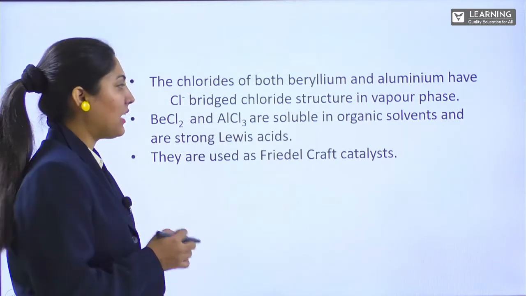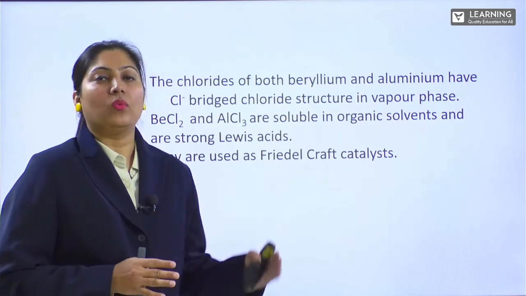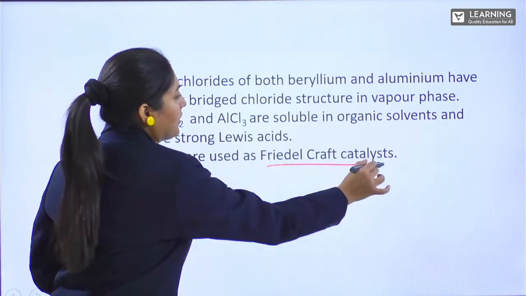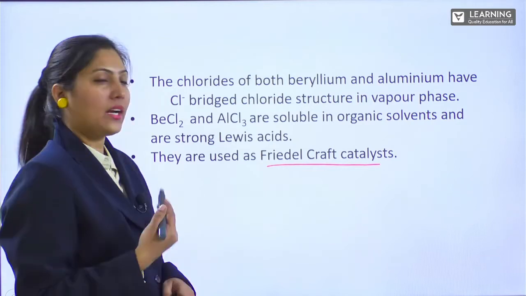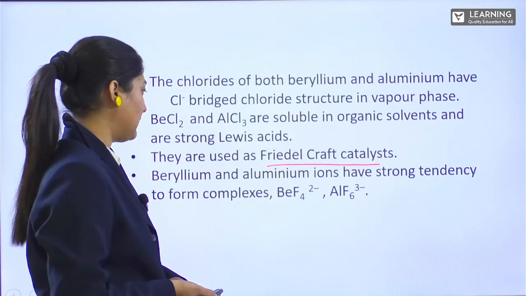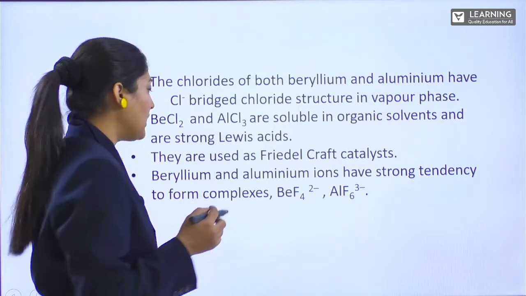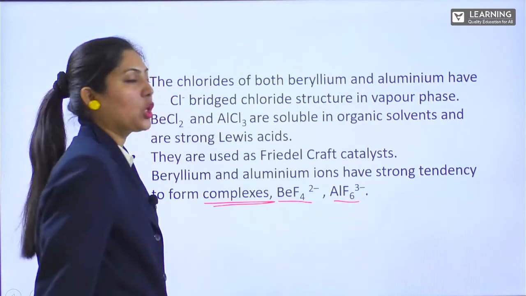catalysis. The Friedel-Crafts reaction comes under hydrocarbons. We can study it in organic chemistry later. When you get to know about this, you will see aluminium chloride and also beryllium chloride used as a Friedel-Crafts catalyst. Beryllium and aluminium ions have a strong tendency to form complexes.